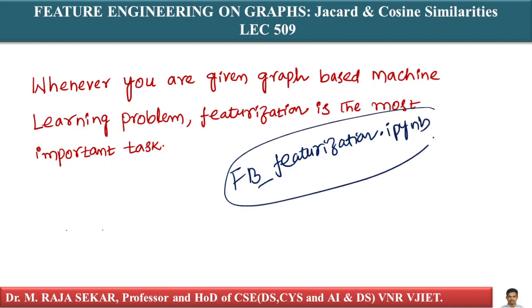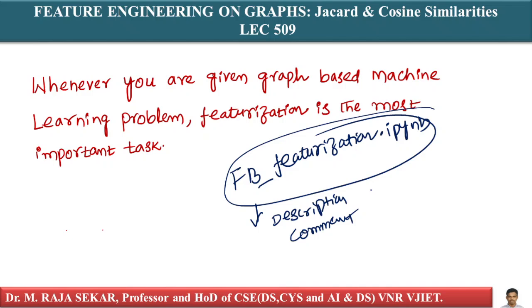I will keep this particular IPython notebook in the description section, even in the comment section of this video lecture. I request all of you to go through this IPython notebook where you have everything. This whole IPython notebook is just going to work on how to featurize graph based data.